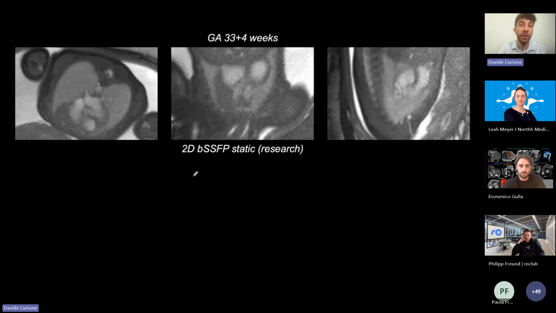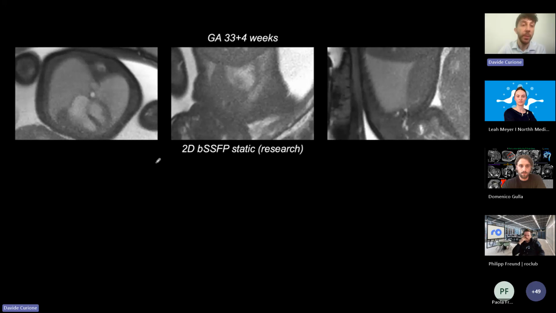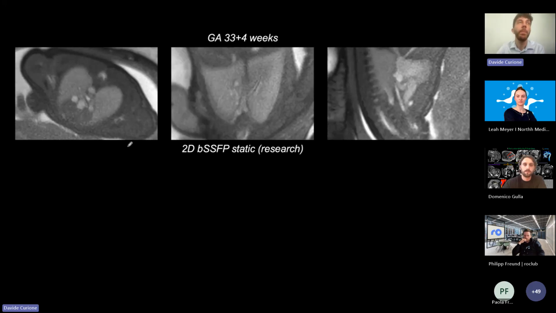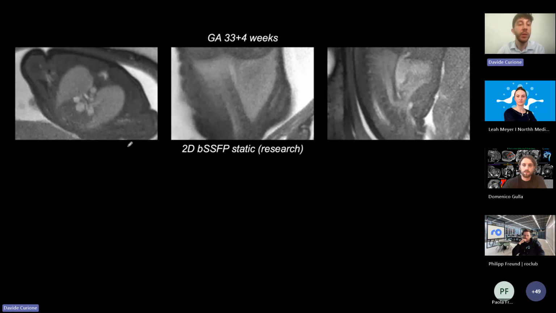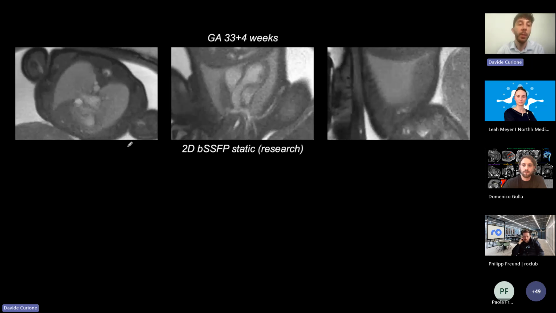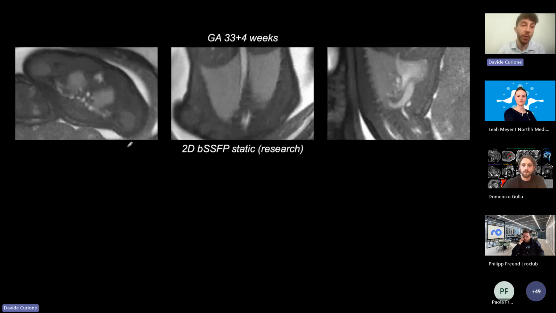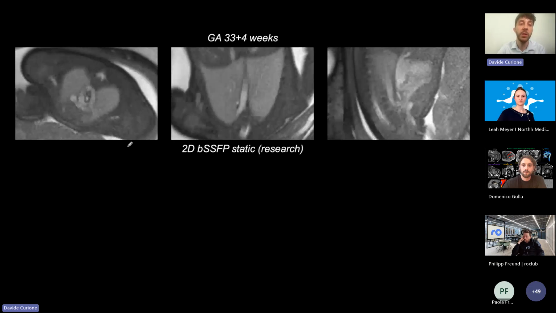This is another case of a vascular ring, a similar vascular ring where echocardiography couldn't definitively determine the supraaortic vessel pattern, suspecting a mirror image branching pattern with a posterior left ductus.